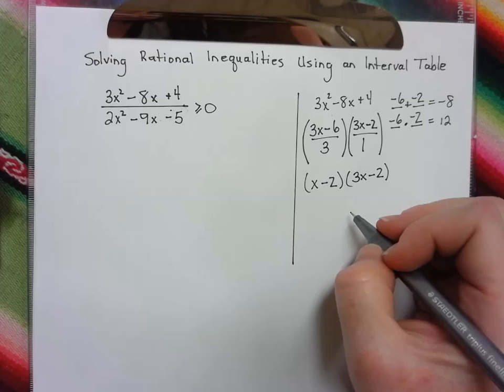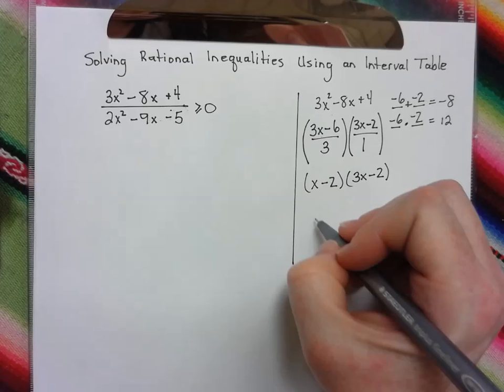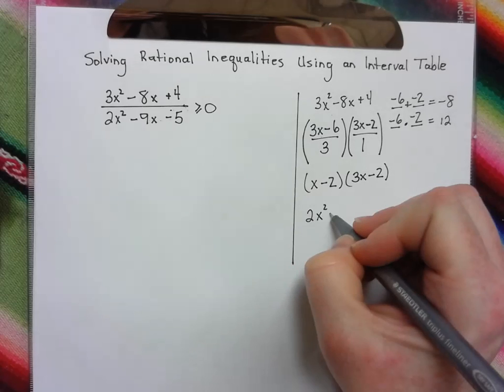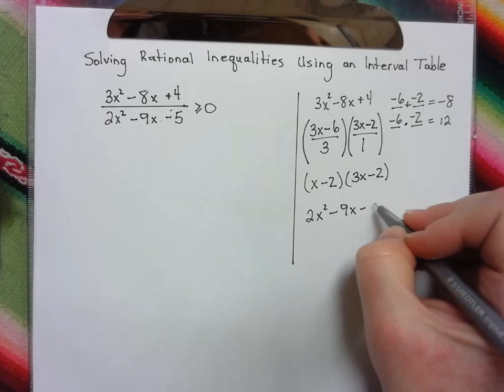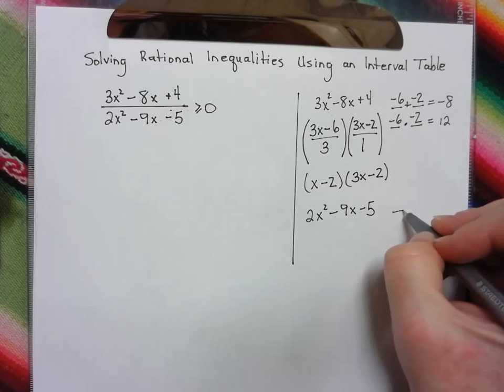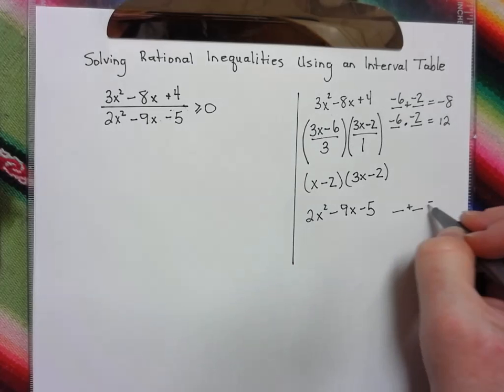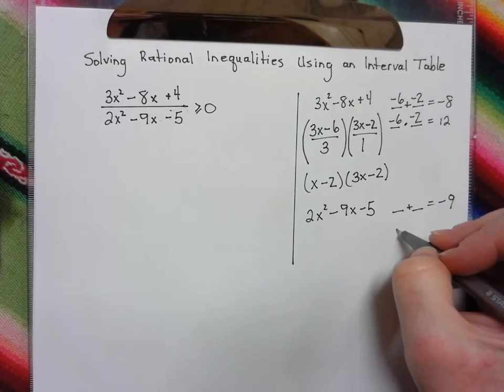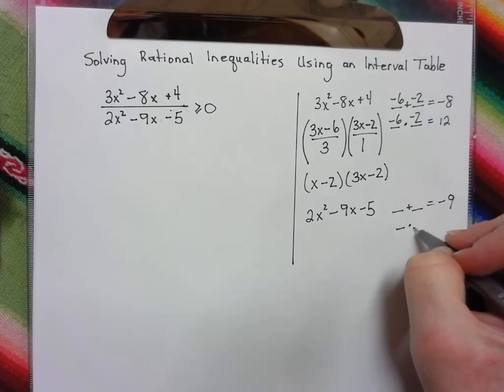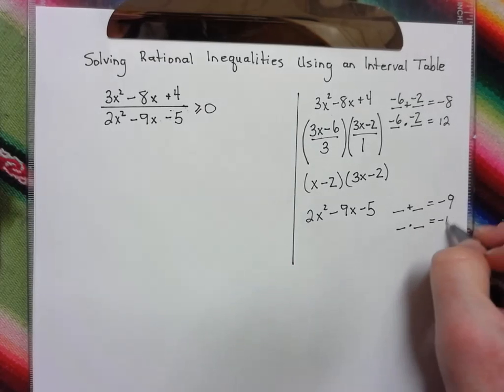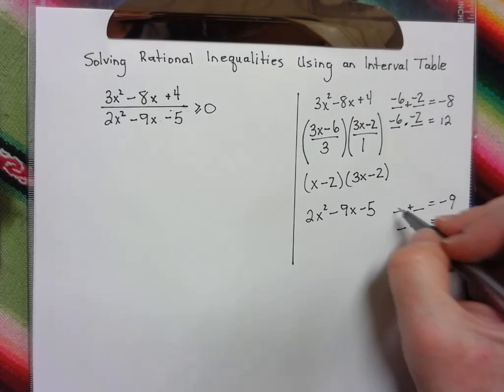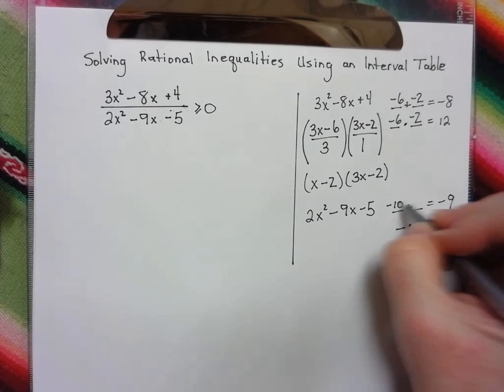If I now do the denominator, I have 2x squared minus 9x minus 5. So I need two numbers that add up to equal -9, and those same two numbers need to multiply to equal 2 times -5, which is -10. In this case, those two numbers are going to be -10 and 1.